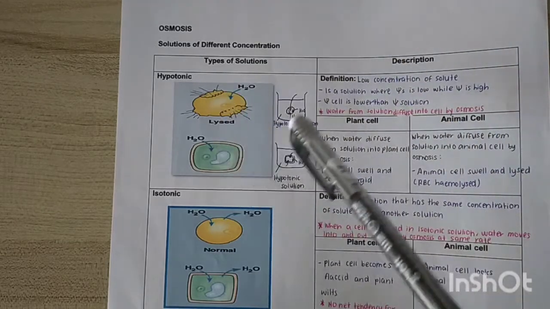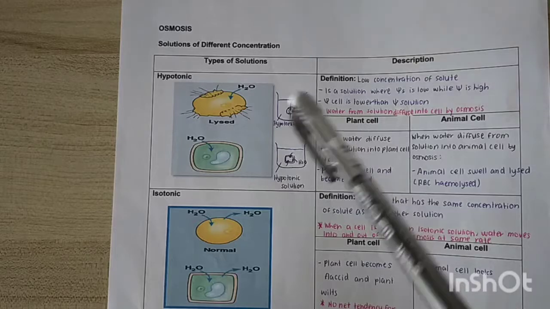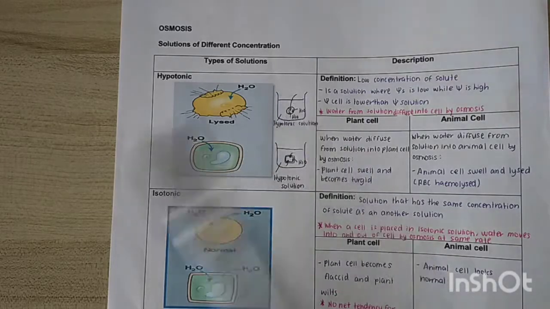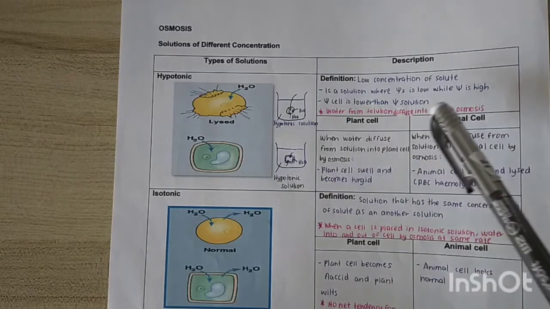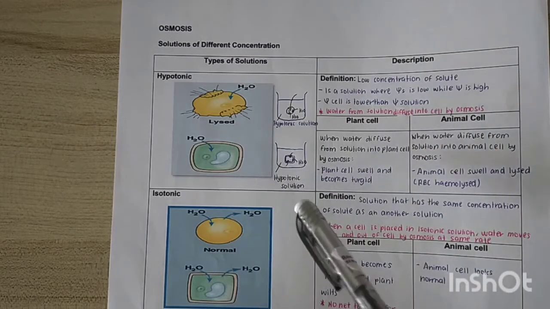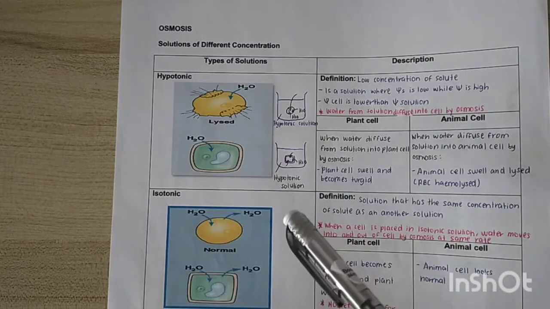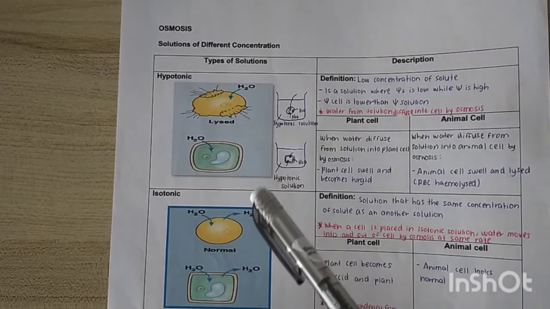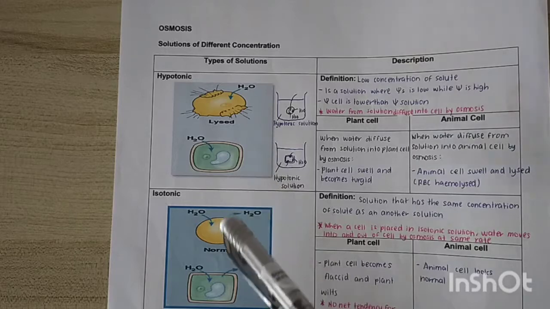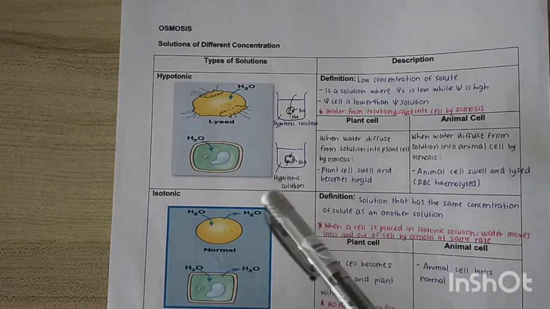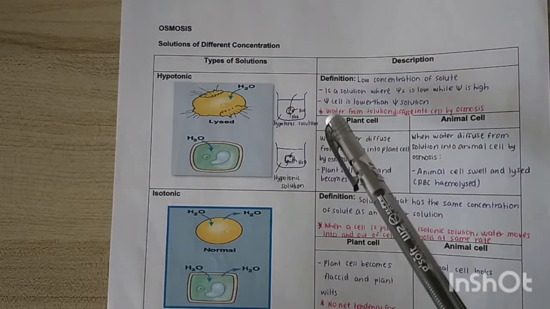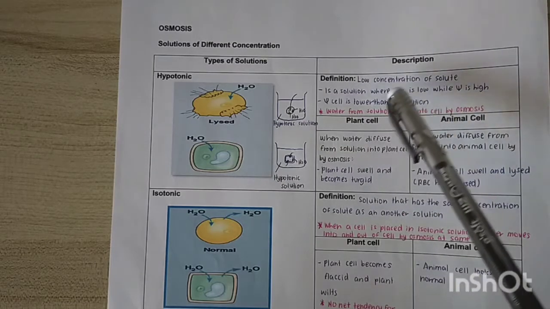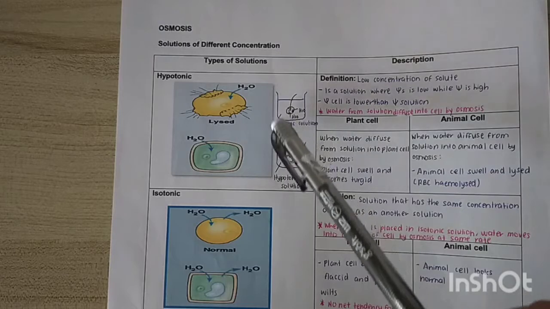Kalau concentration of the solute in this solution is low, its solute potential will also be low. But what happens to its water potential? Its water potential will be high. Sebab water potential ni dia akan bergantung kepada dissolving solute. So kalau dissolving solute tu rendah, water potential tu akan jadi tinggi. Okay, and then the water potential of the cell is lower than the water potential in the solution. Okay, so let's say ni adalah cell.